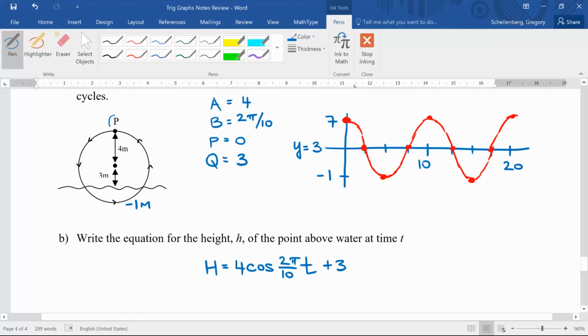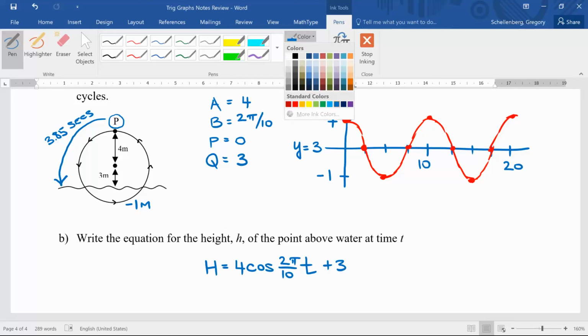Here's point P. So the time it takes to get from there all the way to the surface of the water is 3.85 seconds.